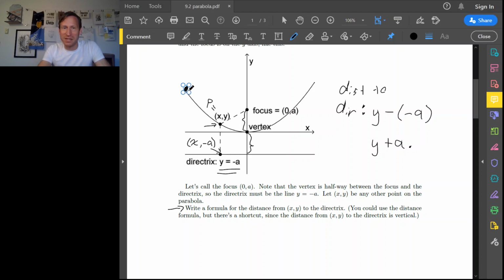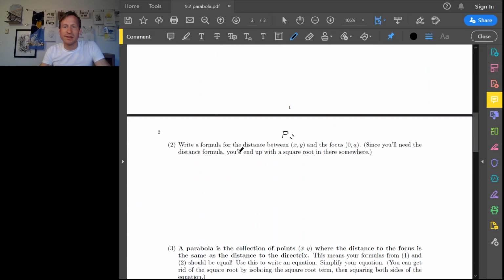If P were way up here, the focus would be a little lower. So we can't really assume that the focus has any nice geometric positioning relative to P, but we do know the coordinates of P, and we know the coordinates of the focus. So we can find the distance between P and the focus just by using the distance formula.